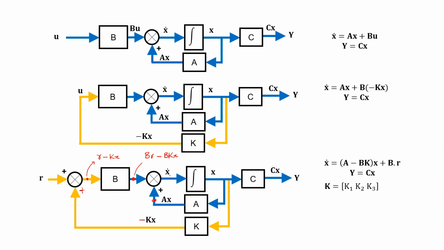So what is x dot? x dot is equal to Ax minus BKx plus Br. So this is nothing but this equation, where A minus BK is our new system matrix and r is the external input.